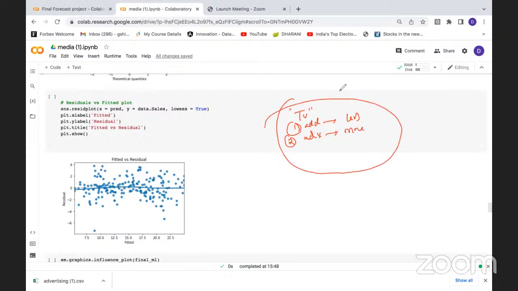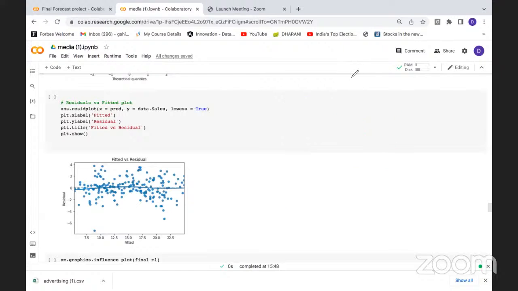Consistency is not there in the errors. If I use this for every data point, it is behaving weirdly. So to overcome that problem, that is called heteroscedasticity problem, you have to apply transformations to make your data with equal variance. You should do transformations.